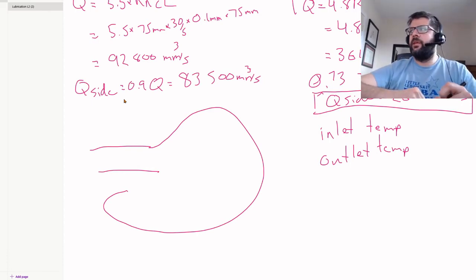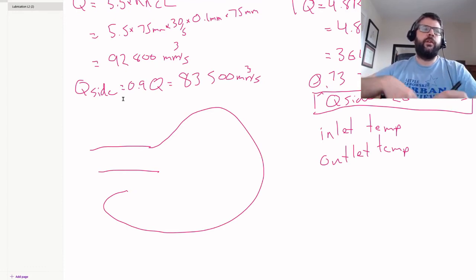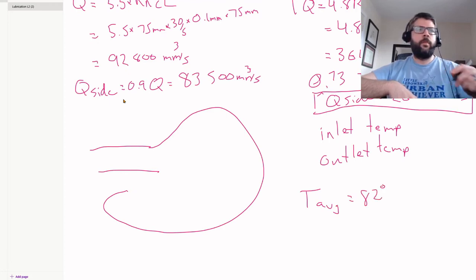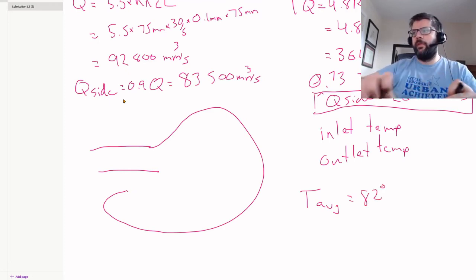The average value of the temperature of the oil in the hydrodynamic wedge is 82 degrees. Now that's the average of everything.